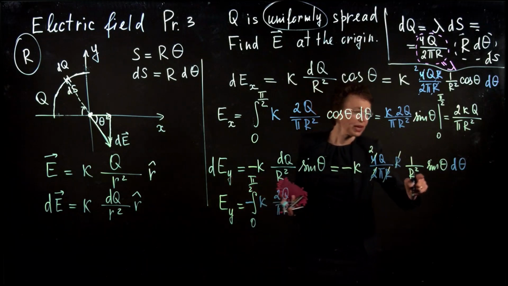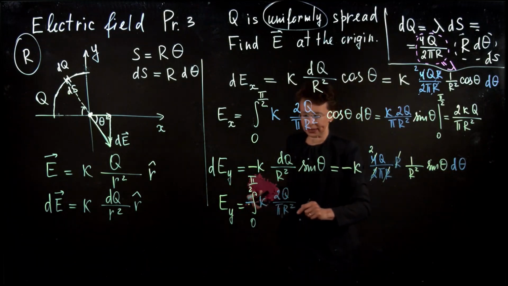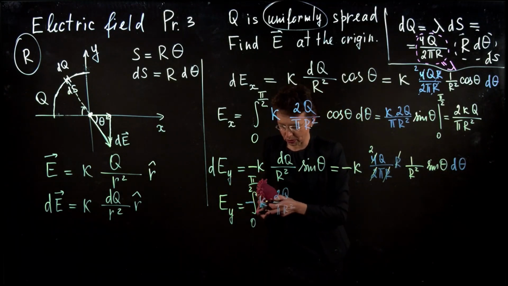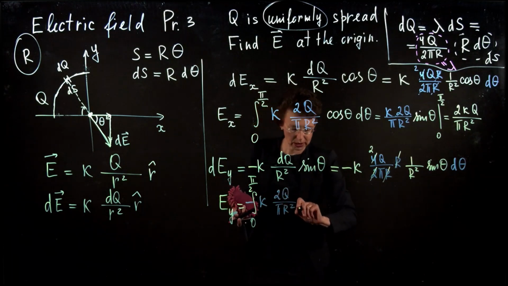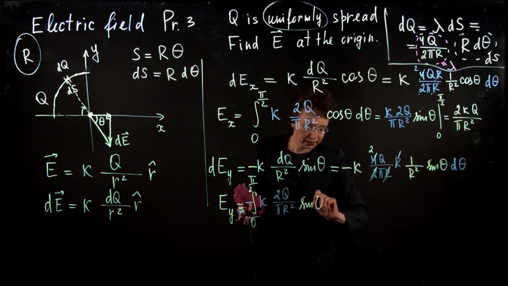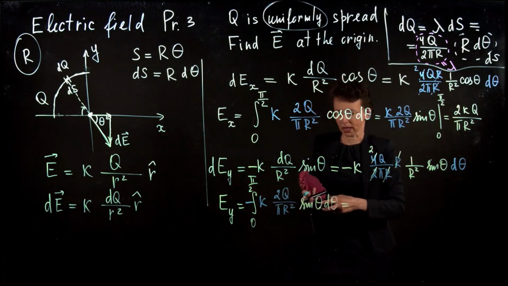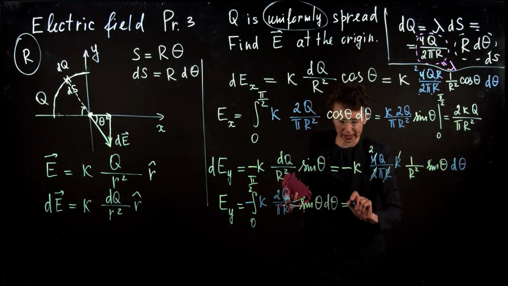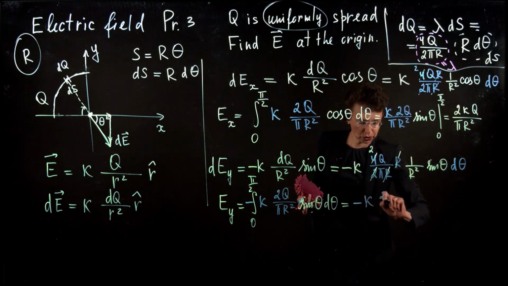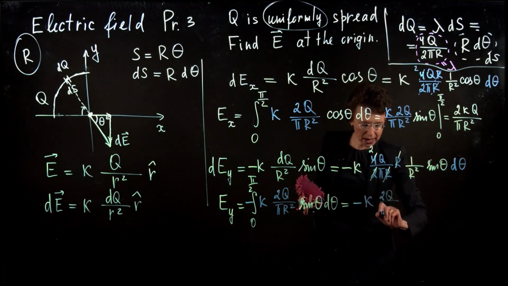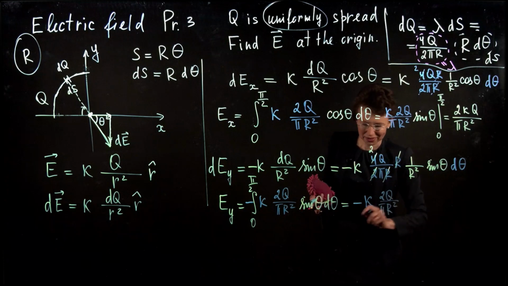Integral of sine theta d theta. Okay, let's keep it so far because we have limits here. Constants are minus k 2q over pi r squared.